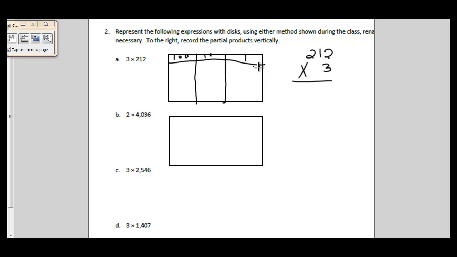So 3 times 2 ones is 6 ones. I'm just going to go ahead and put my 6 ones. 2, 3, 4, 5, 6. And then I'm going to do 3 times 10, which is 30. 1, 2, 3, 30. 3 times 200s, which was 600s. 2, 3, 4, 5, 6. So that's going to be 30.